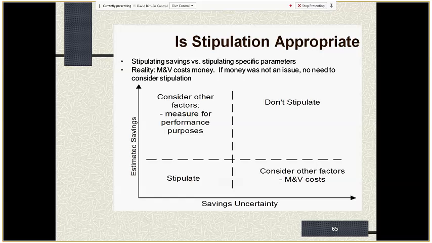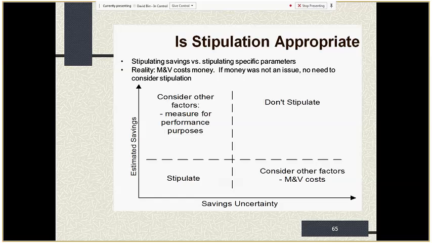And then you get out into that box which says don't stipulate. That means the savings are very uncertain and the savings are very valuable. You definitely don't want to stipulate. You want to do as much cost-effective measurement as is reasonable. And this is just, once again, conceptually thinking about the trade-off between risk and accuracy.